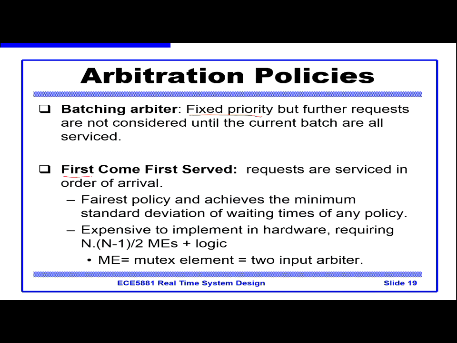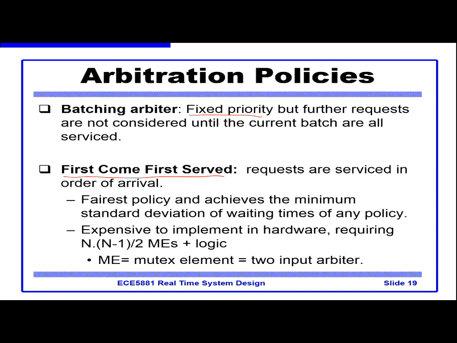Finally, we'll look at first come, first served, which is the optimum strategy in the sense that it's the fairest, and that's the way traffic often works, as when people line up in a queue. That is first come, first served. So the first request should be serviced first, and the second, and so on. That achieves the minimum variance of waiting times of any of the policies.